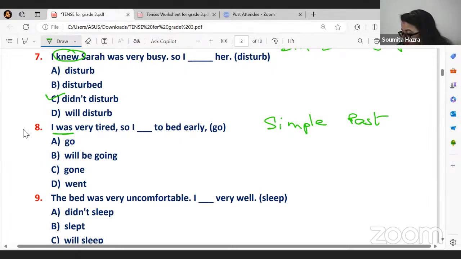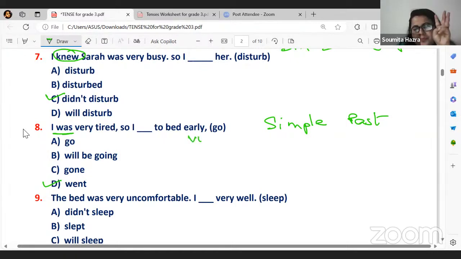Number 8. Gone. 8D. Went. So every verb, I have discussed this in the verbs chapter. Again, I will discuss. Every verb has three forms, right?